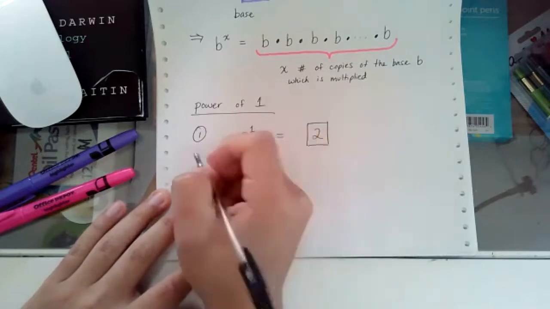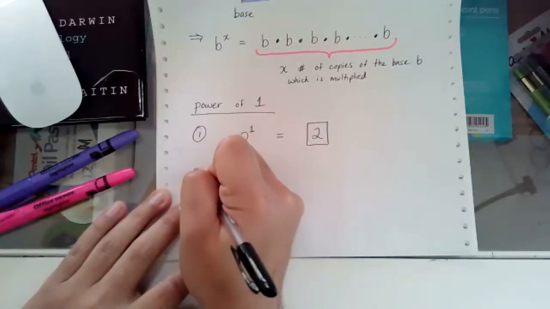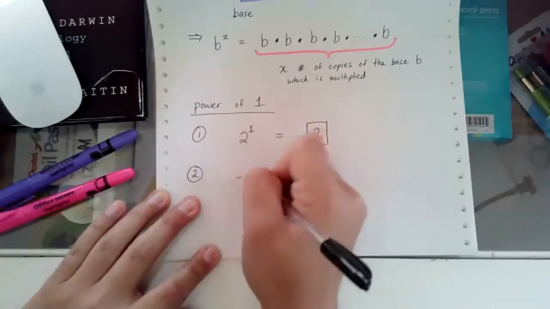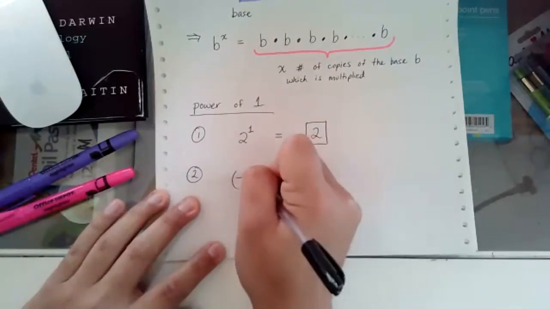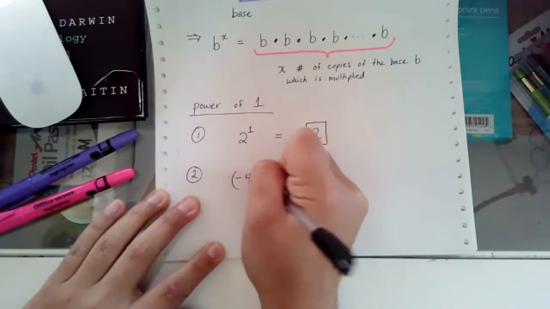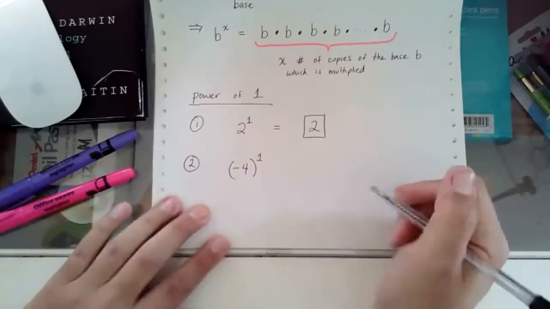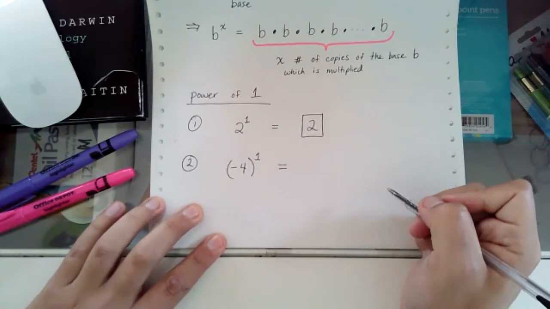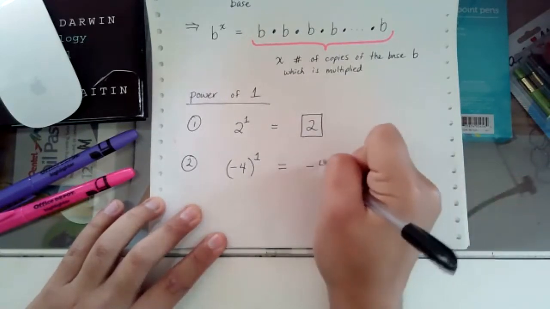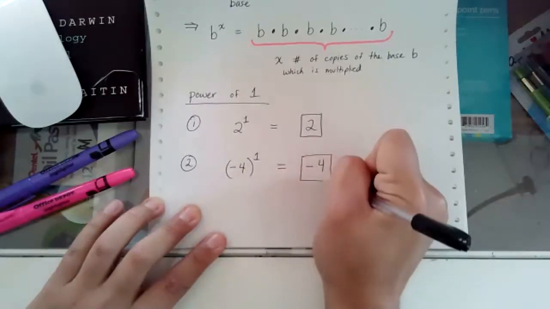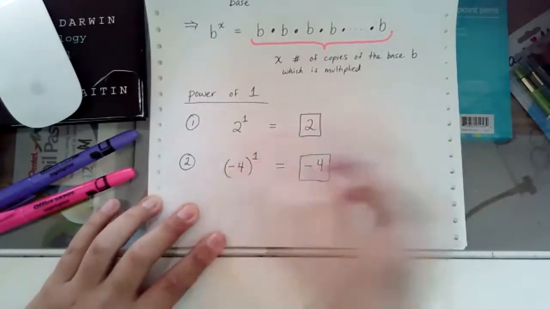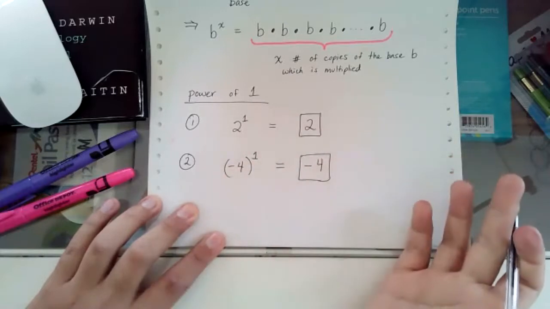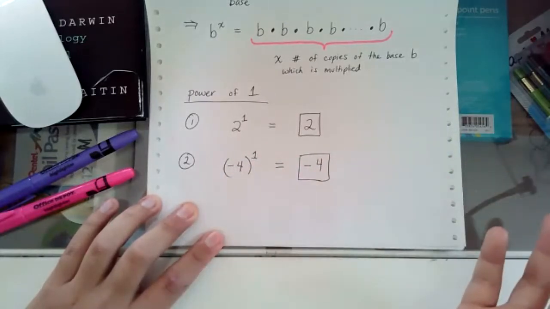So let's say I had -4 raised to the 1 power. What should that be? -4. Yeah, -4. And here, once you apply that power, you can drop the parentheses because we're just talking about 1 copy of -4.